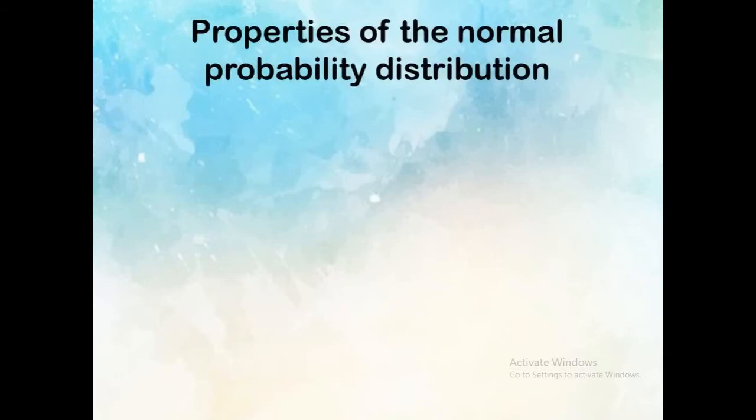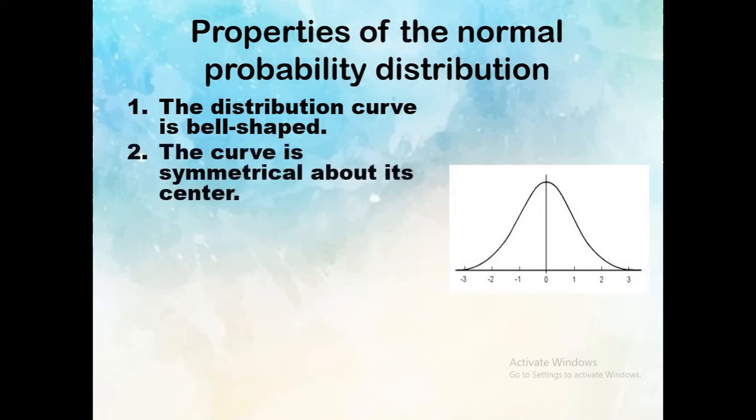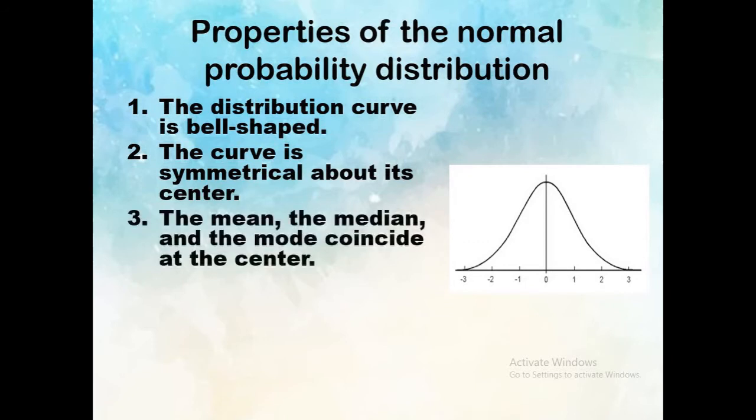Properties of the normal probability distribution. Number 1. The distribution curve is bell-shaped. Number 2. The curve is symmetrical about its center. Number 3. The mean, the median, and the mode coincide at the center. Number 4.